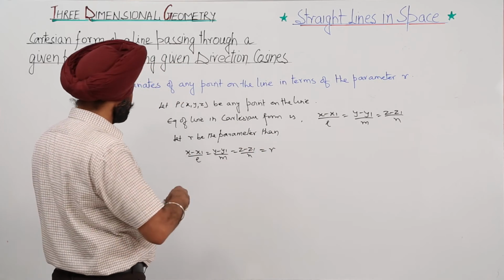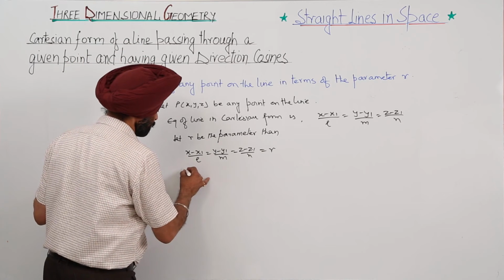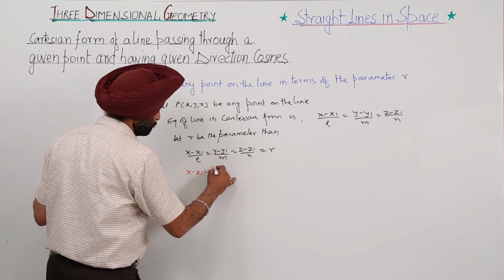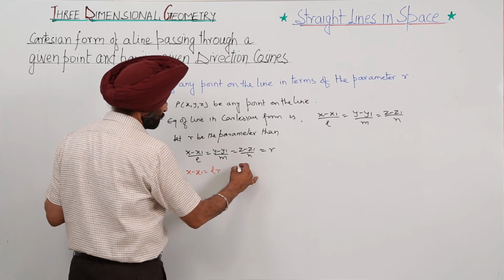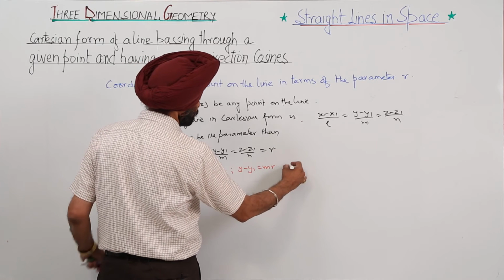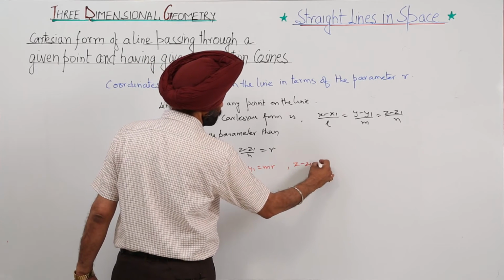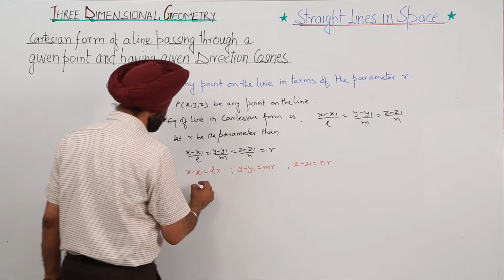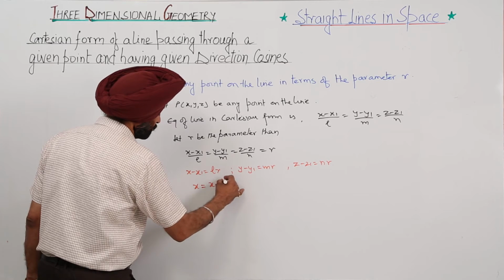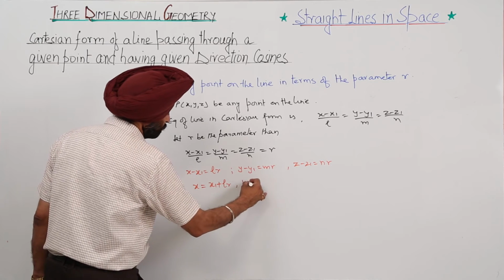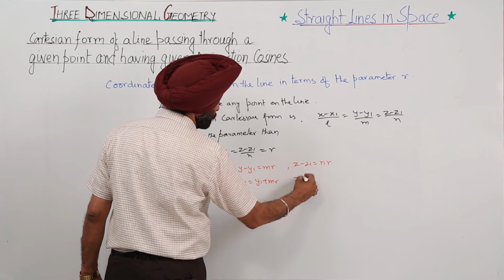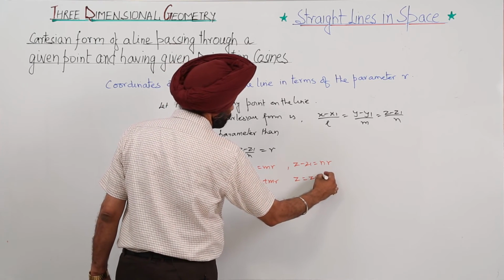So now we can write it: x minus x1 = lr, y minus y1 = mr, and z minus z1 = nr. x = x1 + lr, y = y1 + mr, and z = z1 + nr.